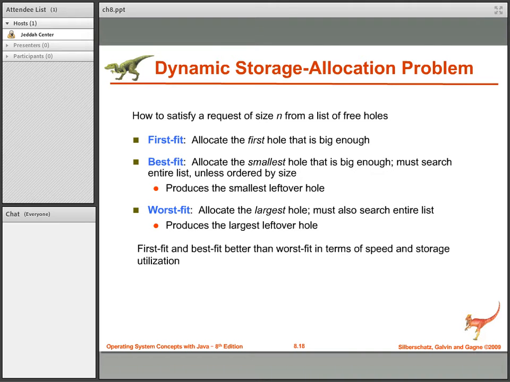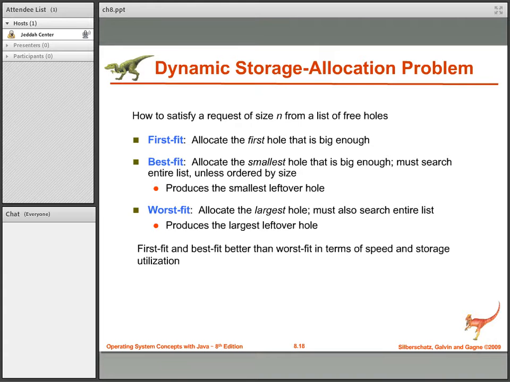In the first fit algorithm, we allocate a hole that is big enough to accommodate the required process. So you go through the main memory, and the first hole that is large enough so that the new incoming process can be fitted in it will be selected.